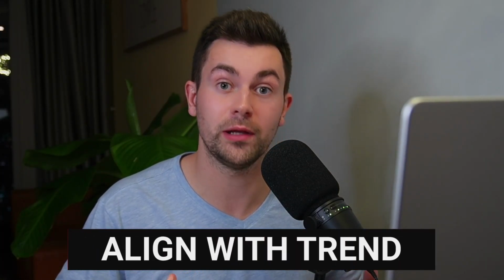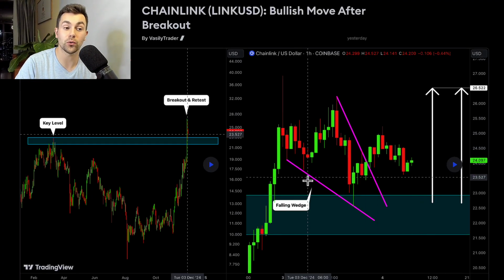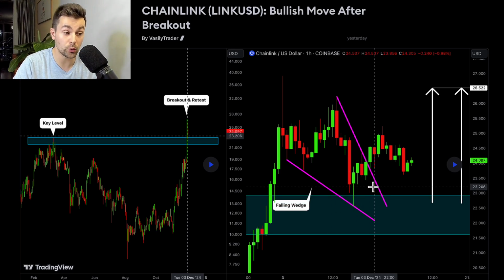And the last thing that is so important to note is that the most accurate chart patterns should align with the market trend and should have the same bias. Look at this trading setup on Link coin. You can see that on an hourly time frame I spotted a bullish price action pattern, a falling wedge.